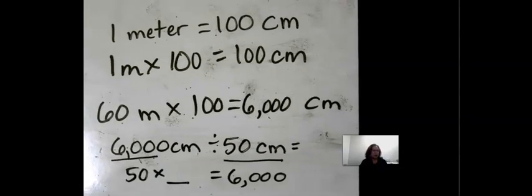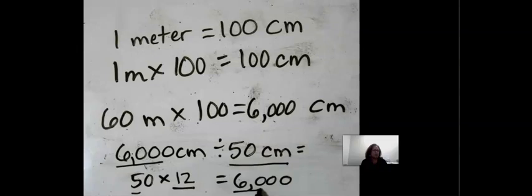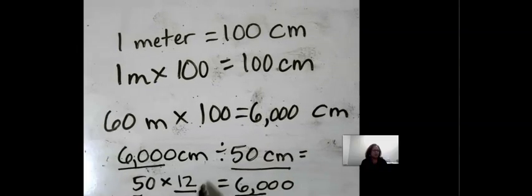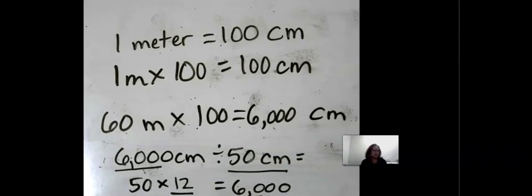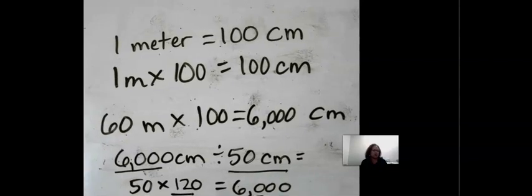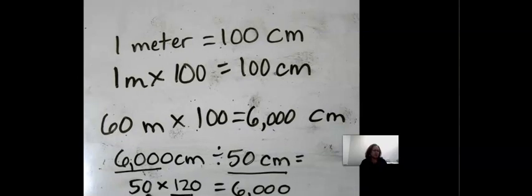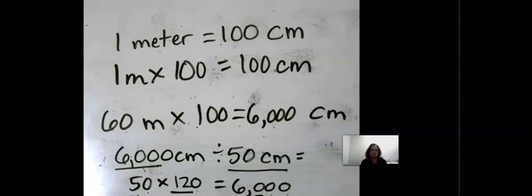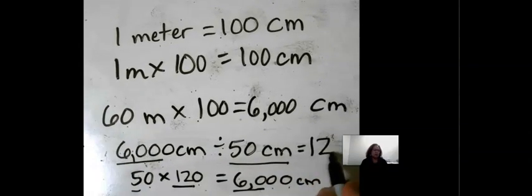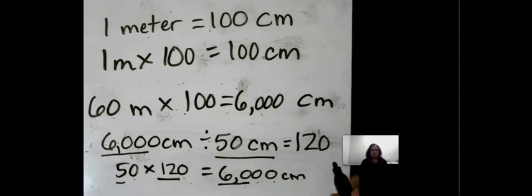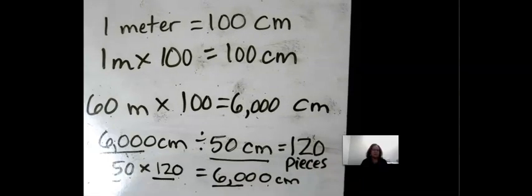Okay, so I know that 5 times 12 is 60, so 50 times 12 is 600, so we need to multiply by 120. 5 times 12 is 60, plus 2 trailing zeros, that gives us 6,000 centimeters. So they can cut 120 pieces of ribbon.